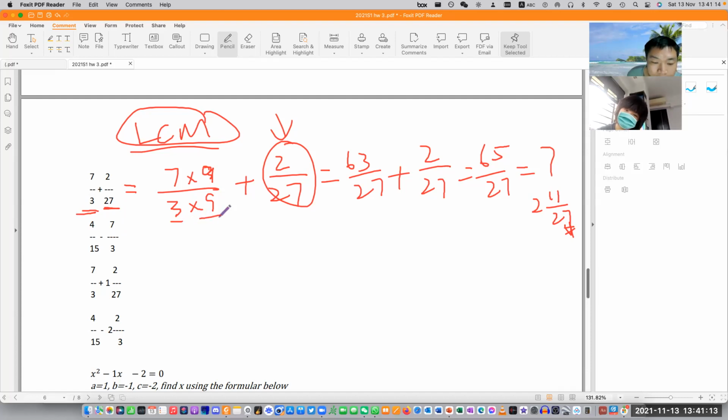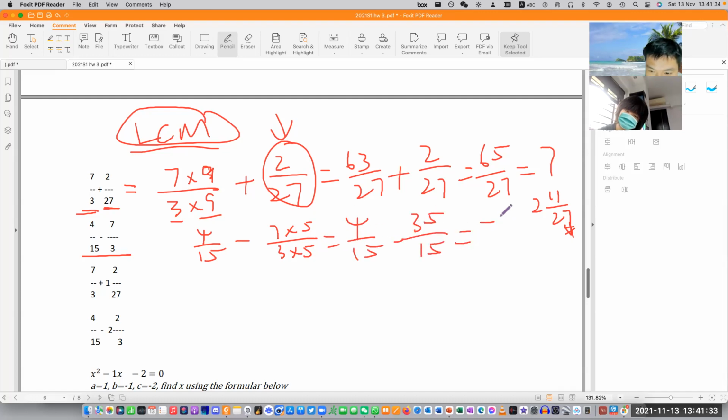Similarly for this question, between 15 and 3, the LCM is 15. So for the first fraction, you don't need to do anything. Oh, by the way, over here it is minus. So just times 5 for the second fraction, both top and bottom, and you end up with this. So it's minus 31 over 15, and then you use your calculator.